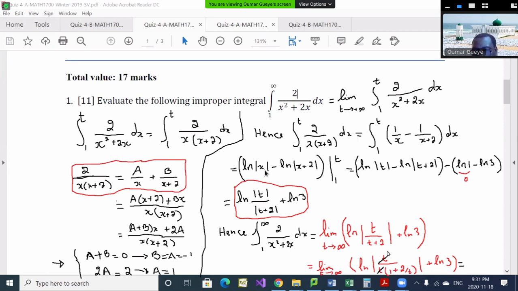You can see that when t goes to infinity, the numerator is 1. The denominator goes to 1 because 2 over t goes to 0 when t goes to infinity. So the absolute value is in fact approaching 1, and the log of 1 is equal to 0. The remaining part is just ln of 3.